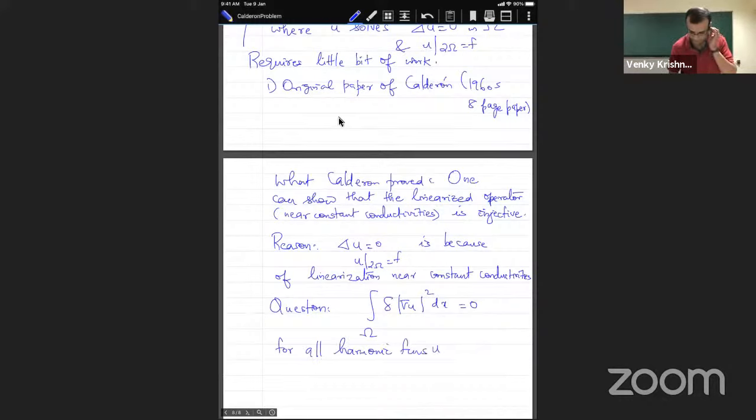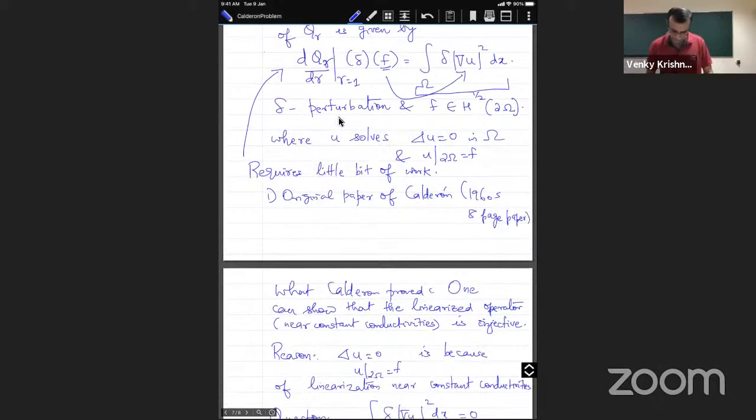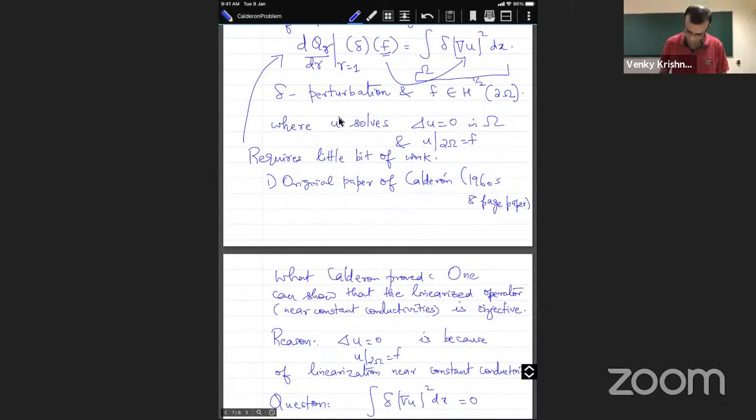Does this imply delta is equal to 0? Because that would then show that this derivative here is injective.